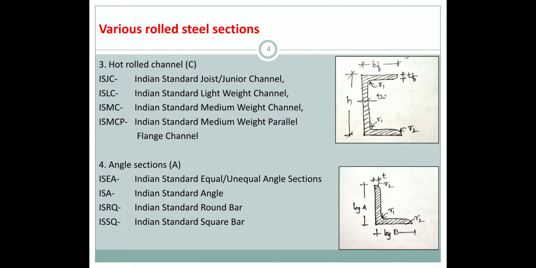According to angle sections, the first type is known as ISEA, Indian Standard Equal Angle, and ISA, Indian Standard Angle, for equal or unequal angle sections. ISRO, Indian Standard Round Bar. ISSQ, Indian Standard Square Bar.